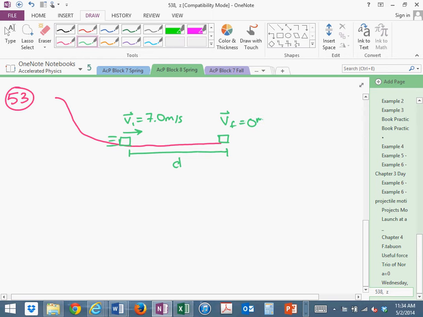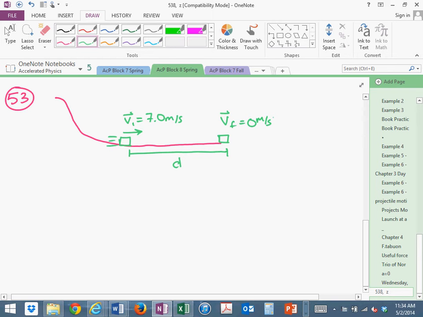So I'm just going to work backwards to figure out what I need to do. I know the initial velocity, I know the final velocity, I know the displacement, but how many things do I need in order to use one of those nice kinematics equations? 4. I need 4 things. I got 3. Any idea what other one we might be able to find that would be helpful?